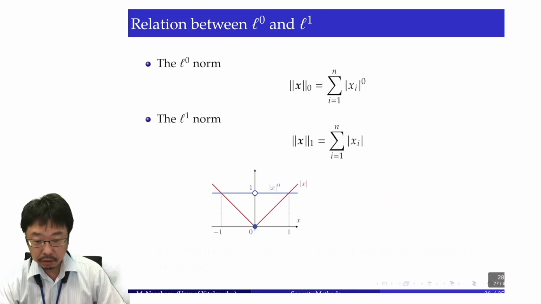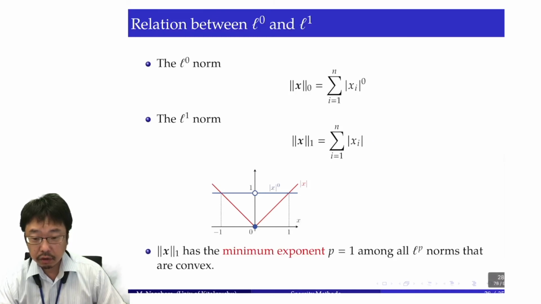On the other hand, the L1 norm is defined by this. From this, we can say that the L1 norm has the minimum exponent p is 1 among all Lp norms that are convex.